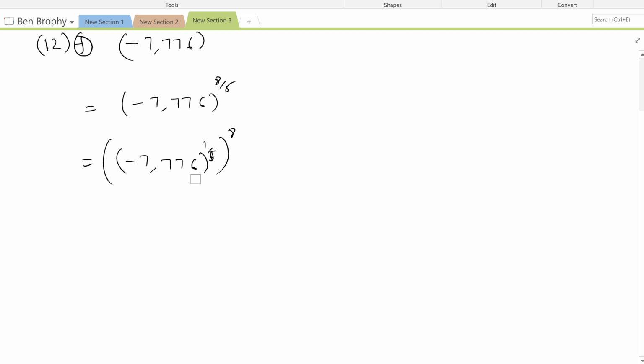Because I have to find some number whose power 5 is going to give you a negative. Now the power is an odd number, so obviously any negative number is going to give you a negative number. So now you have to use a calculator to evaluate which number's power 5 is going to be that.